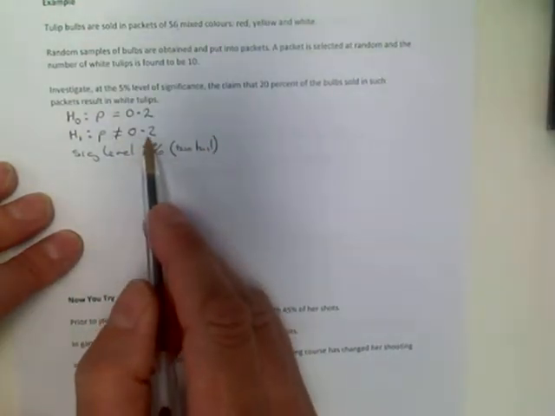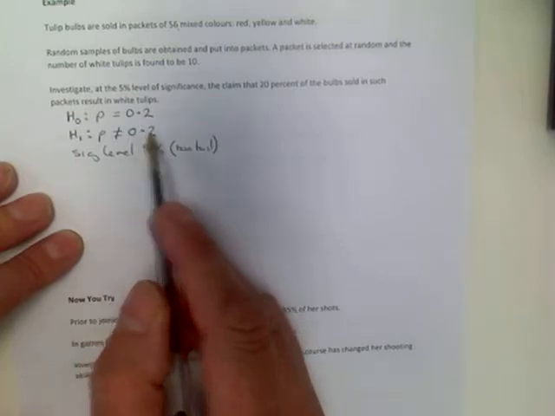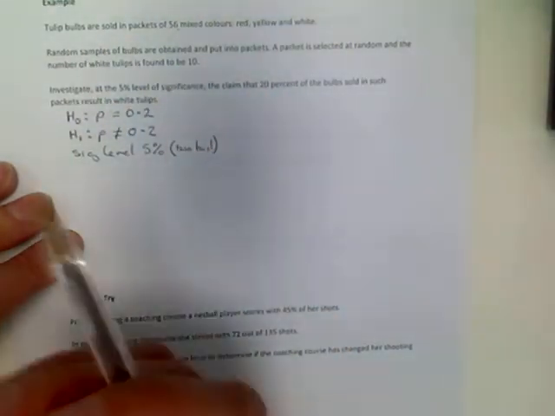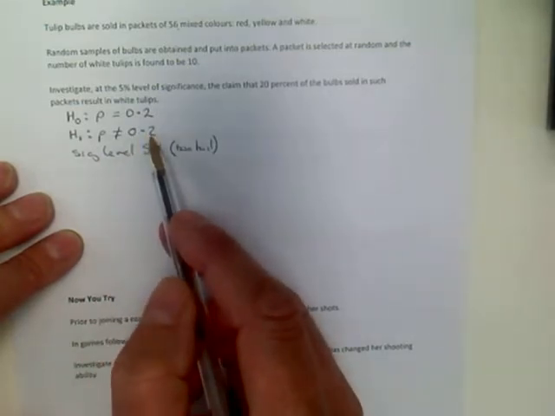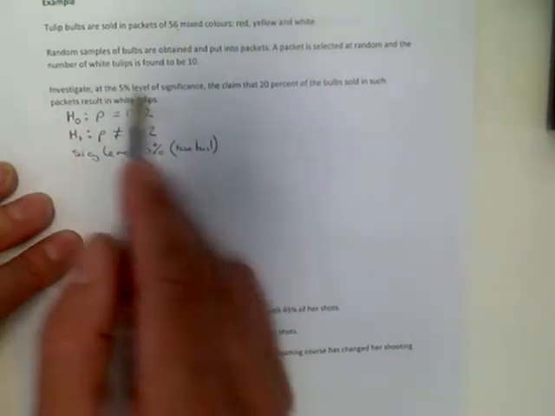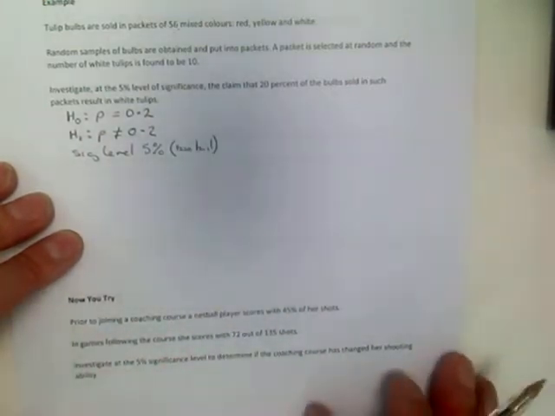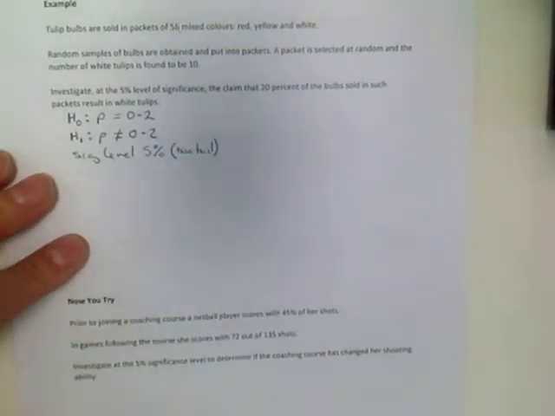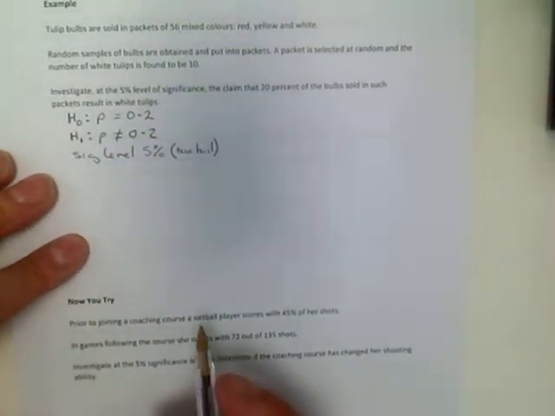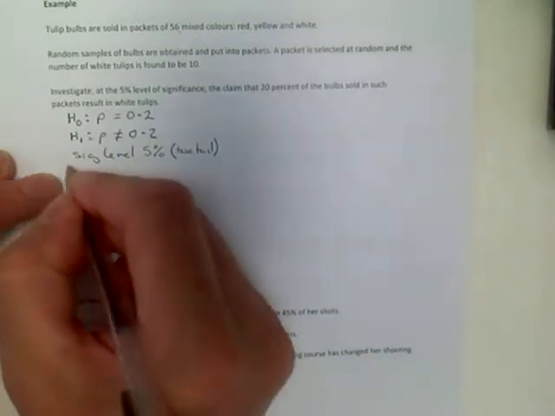The reason it's two-tailed is because if our test, whatever we test, turns out to be significantly higher than 0.2 or significantly lower than 0.2, then we may be able to reject H0. So we're testing both sides of it rather than just a greater than or a less than. That's what two-tailed means, and that's very important when we do the check at the end. Right, so let's carry on.